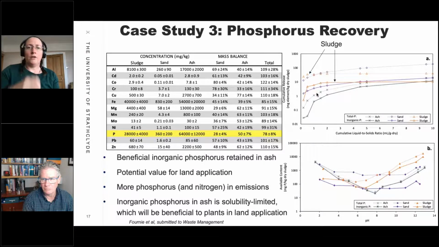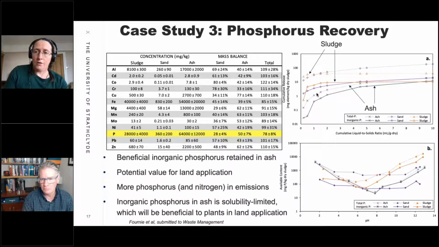So we've looked at smoldering as an opportunity to transform the sludge into an ash that will better regulate the release of phosphorus. And that's what you see in the second set of lines that I've highlighted. So the dark is inorganic and the dashed is total. You can see that we have a slower release over time.